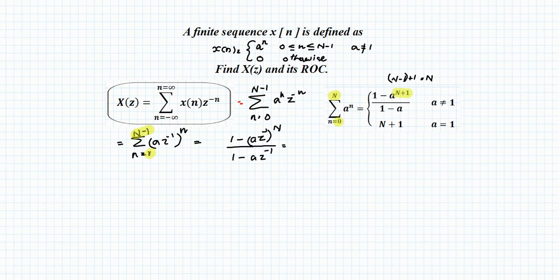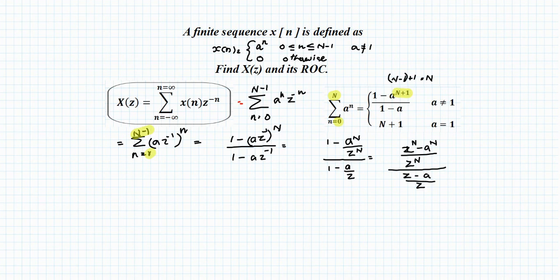Now if you rearrange this, you can write: 1 minus a raised to n divided by z raised to n, divided by 1 minus a by z. Again, if you take the LCM and simplify this, you will get z raised to n minus a raised to n divided by z raised to n, the whole divided by z minus a divided by z.